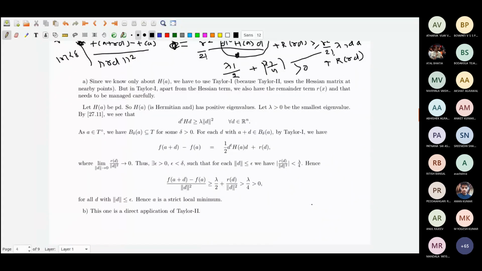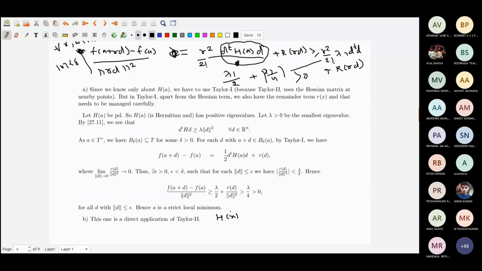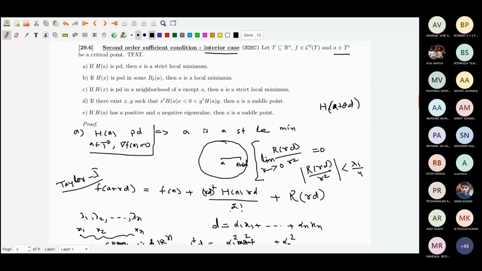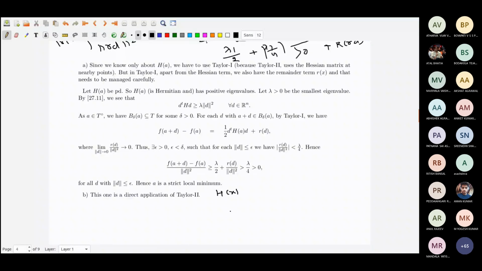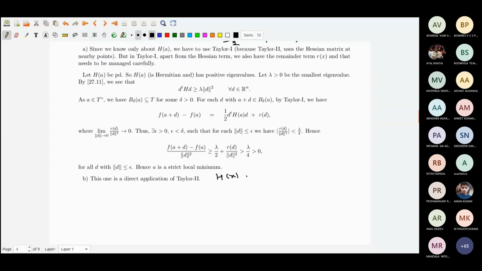The second one says, if HX is a PSD matrix, positive semi-definite, in a neighborhood, then A is a local minimum.